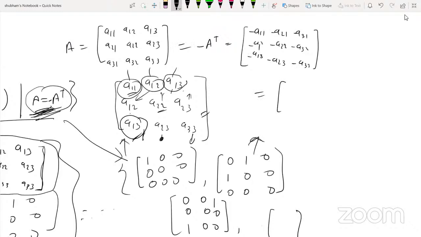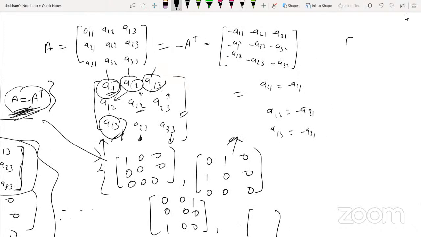Just compare what it means. A11 is equal to minus A11, A12 is equal to minus A21, and A13 is equal to minus A31. If you write a proper matrix, it will come like this: A11, A12, A13.